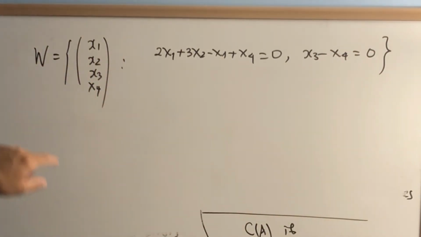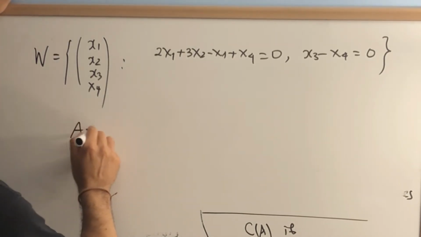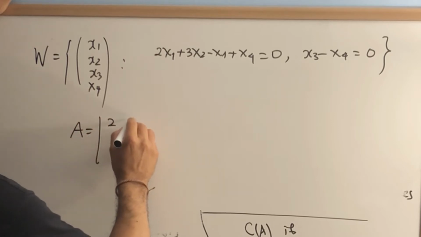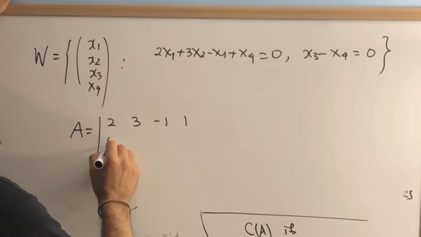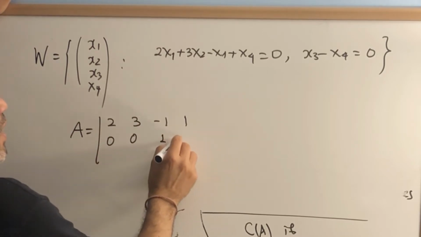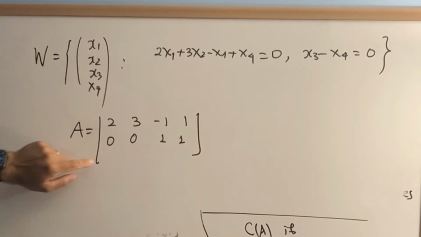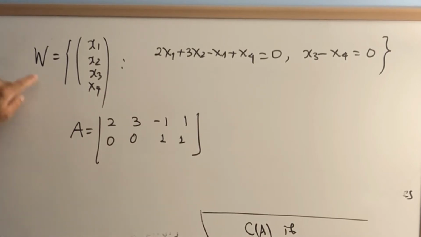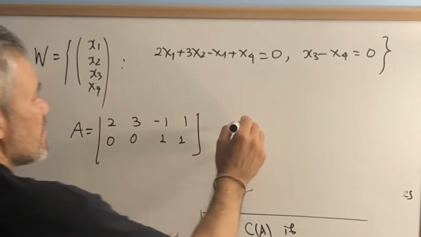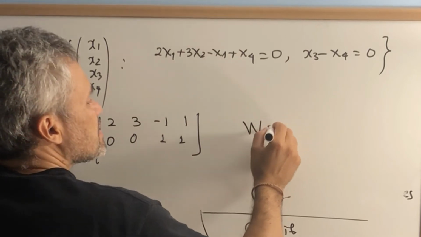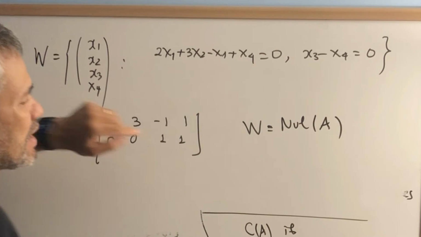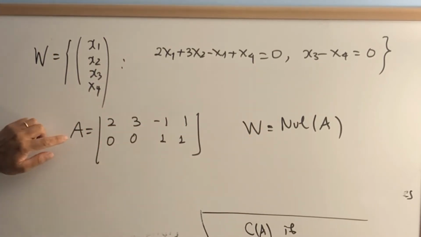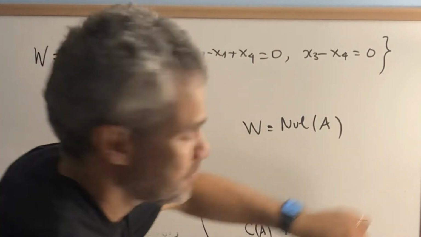Then, to find a basis of this subspace, we define the matrix A equal to the matrix with rows (2, 3, -1, 1) and (0, 0, 1, -1). And then we notice that essentially this subspace W is just the null space of this matrix, and we already know how to compute the null space of a matrix.